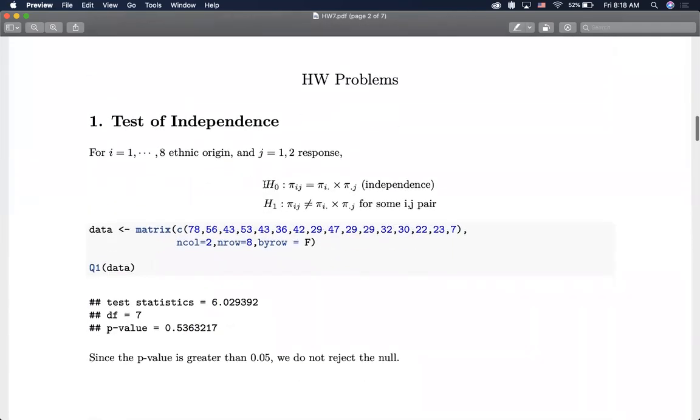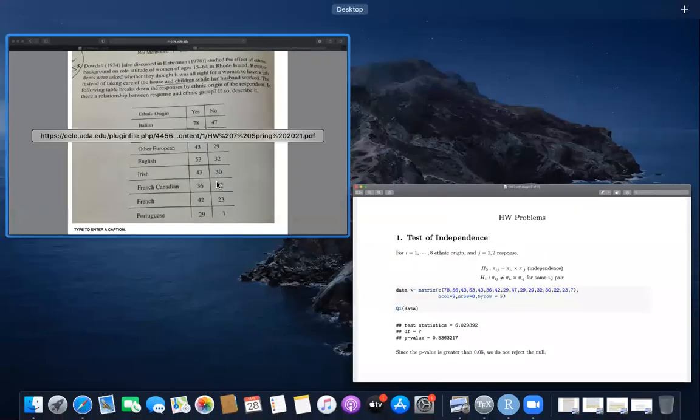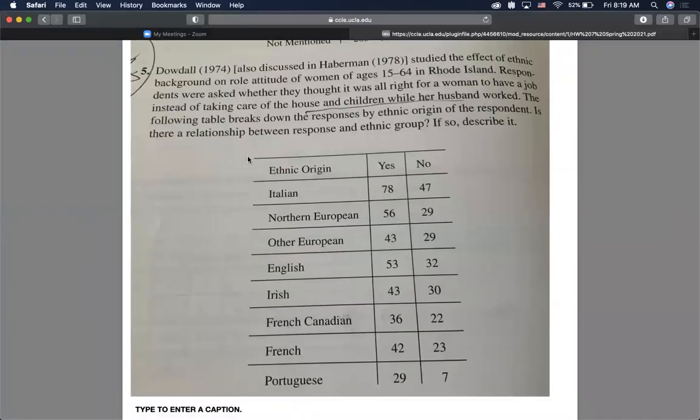First, set up the null hypothesis by the notation, and then give a more detailed explanation of what you meant by your choice of notation. In this test, we are using the test of independence. The ij means the ith ethnic group and the jth response, and we are trying to test if there is a relation there.